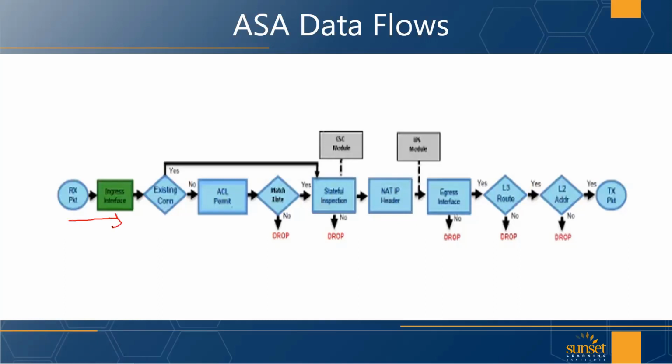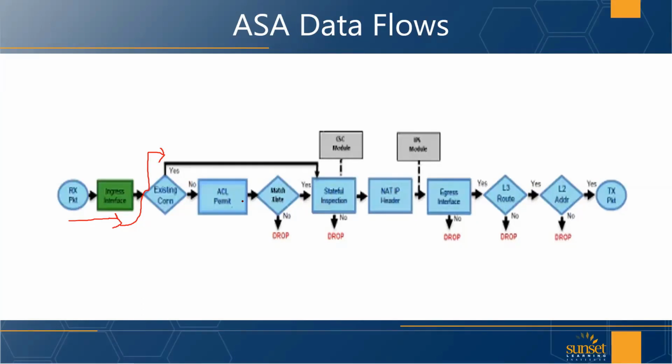It's still part of the FIFO queue, and we look at it. It says, "Is it an existing connection?" In this case, yes. So what has happened is that the first packet of this flow, because this is a stateful firewall, went through the permit and the match, and then we went through the stateful inspection process.